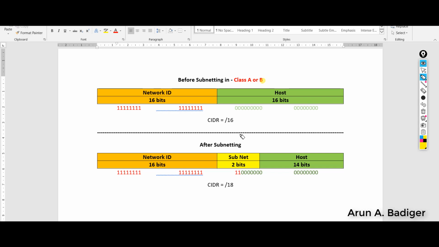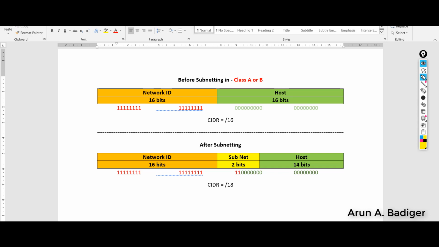Similarly, if we want to increase the number of networks, then, because if you take the example of class A, there are only 127 networks possible, so if you want to increase it, we have to go for subnetting. Subnetting will increase the number of networks; we create subnets. So what changes have we made?